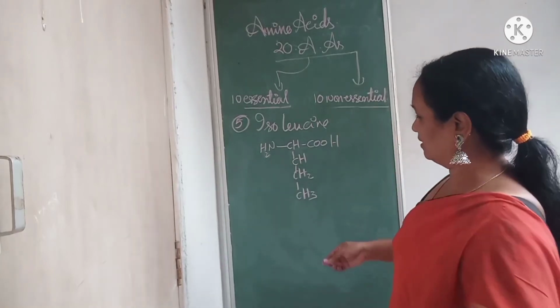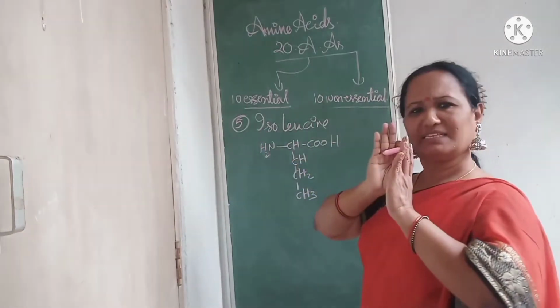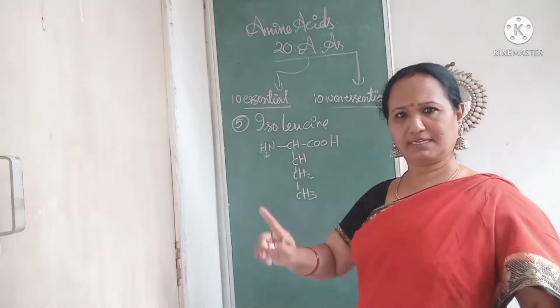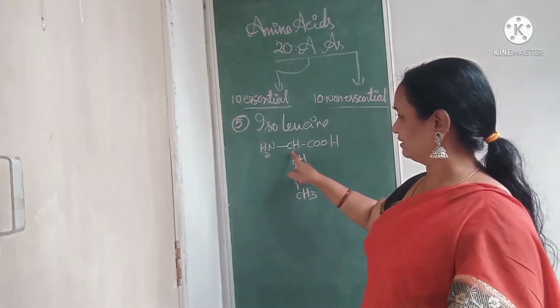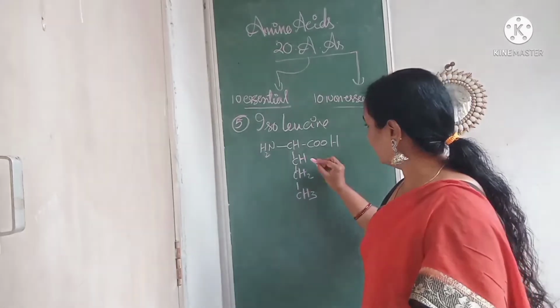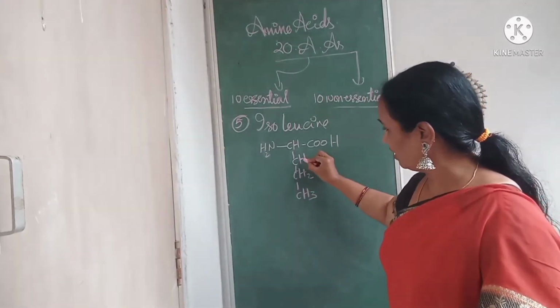Whenever we compare leucine and isoleucine, they have similar structure and similar formula, but the position of the CH groups is different. It is very easy to remember: CH, CH2, CH3. That's all.